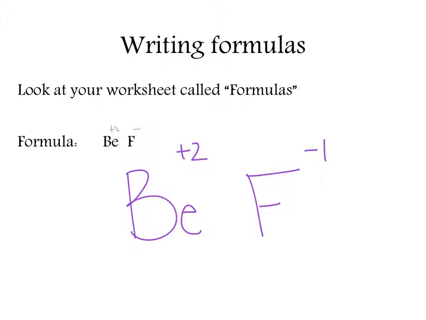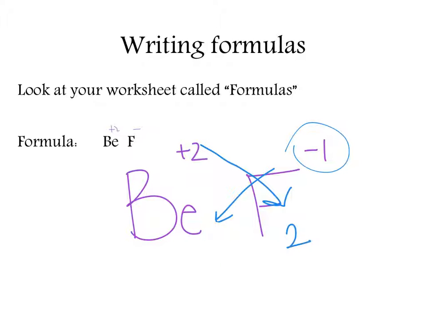Now I notice that I'm going to need 2 fluorines, so I can have 2 -1 charges to cancel out the charges on the Be. So I'm going to crisscross, that is, take this 2 and move it down there, and take that 1 and move it down there. But we don't really ever have to use 1s, so you don't even have to write that at all.